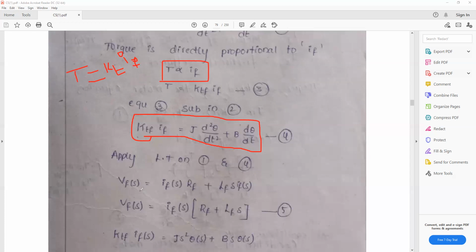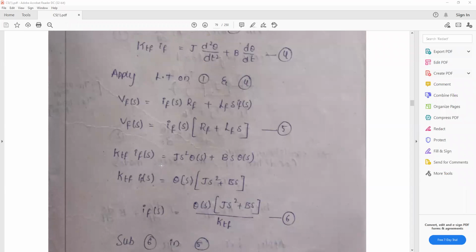VF of S is IF of S into RF plus LF S. KTF into IF of S is equal to J s square into theta of S plus Bs into theta of S. Common theta of S, Js square plus Bs.